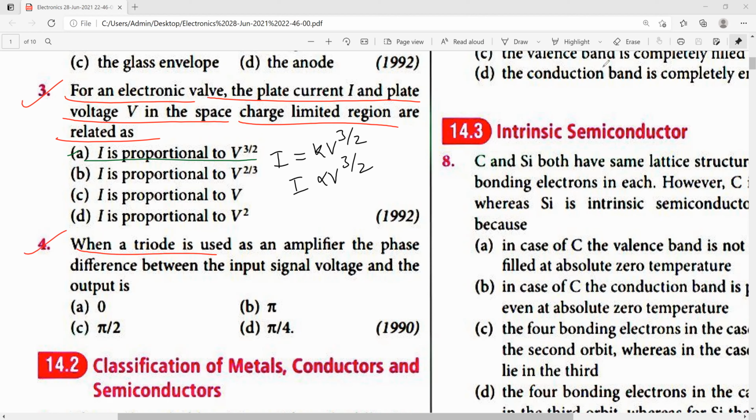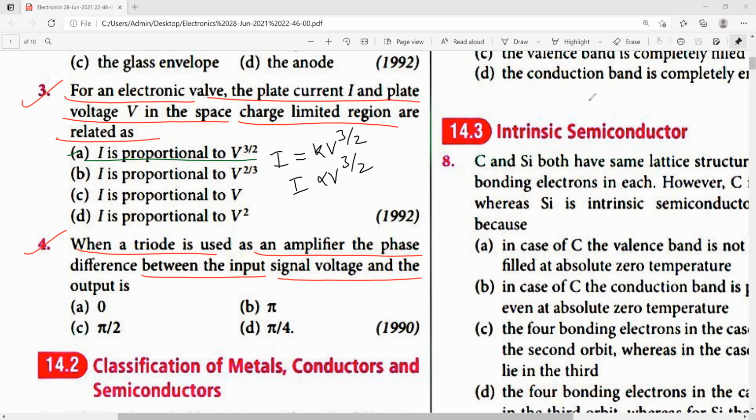Fourth one. When a triode is used as an amplifier, the phase difference between input signal voltage and output is 0, pi, pi by 2 and pi by 4. Here, voltage gain of the amplifier is given by output voltage divided by input voltage.